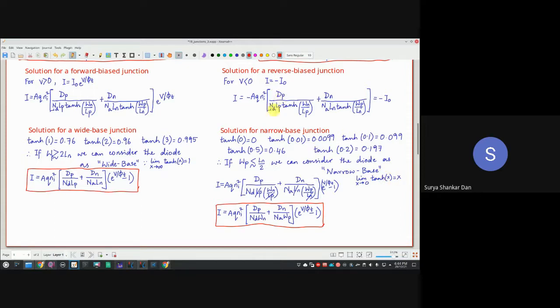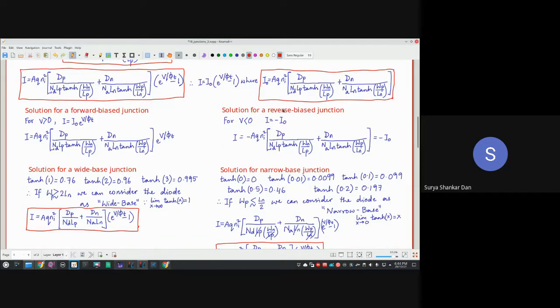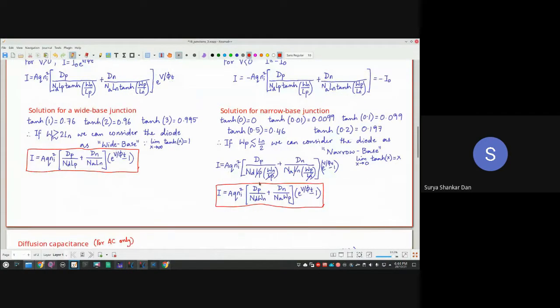So what was the equation for us? This one, right? So remove the tanh. We will be having Wn by Lp, Lp will cancel. Wp by Ln, Ln cancel. So you are left with this.